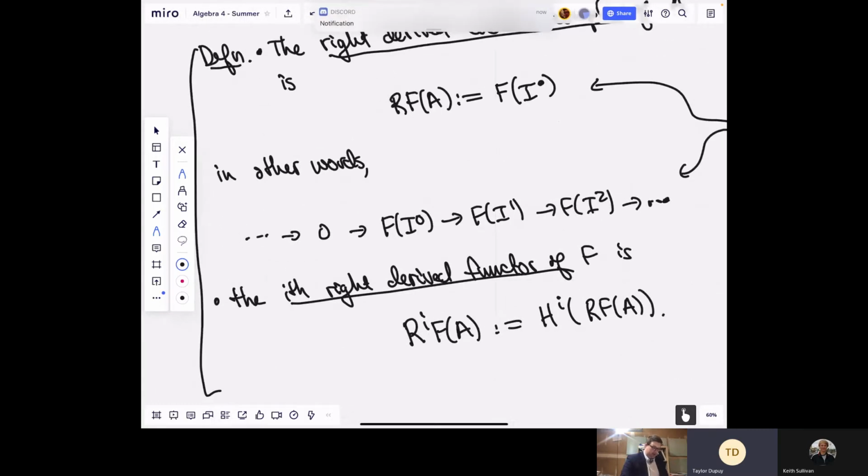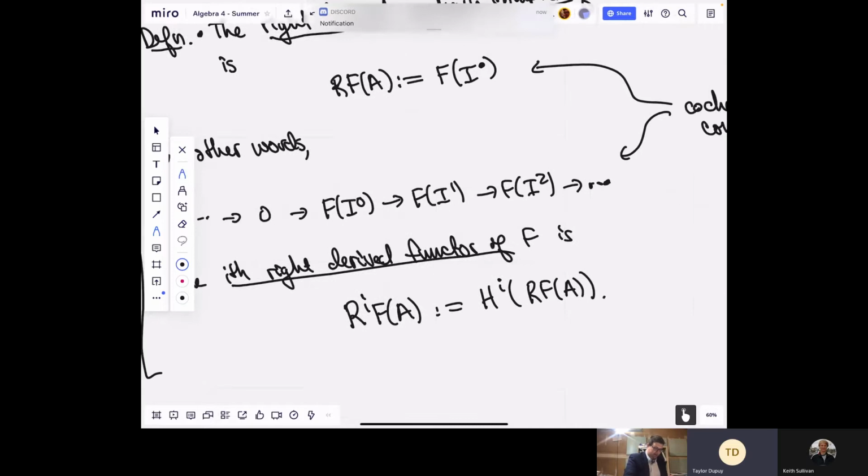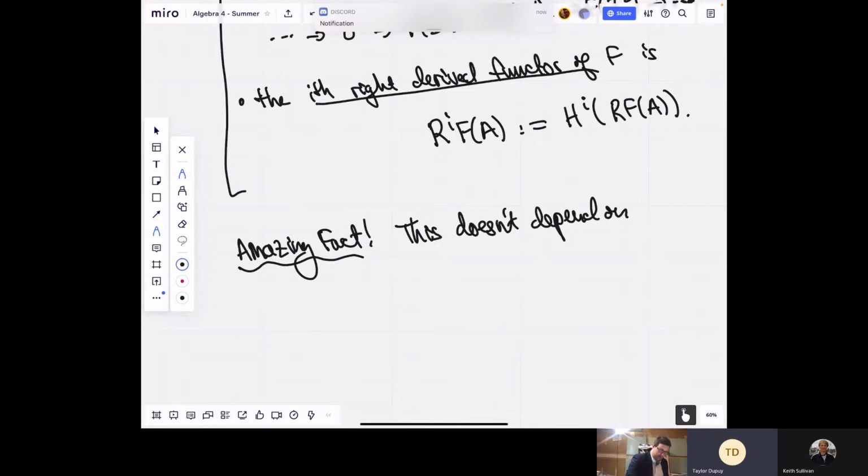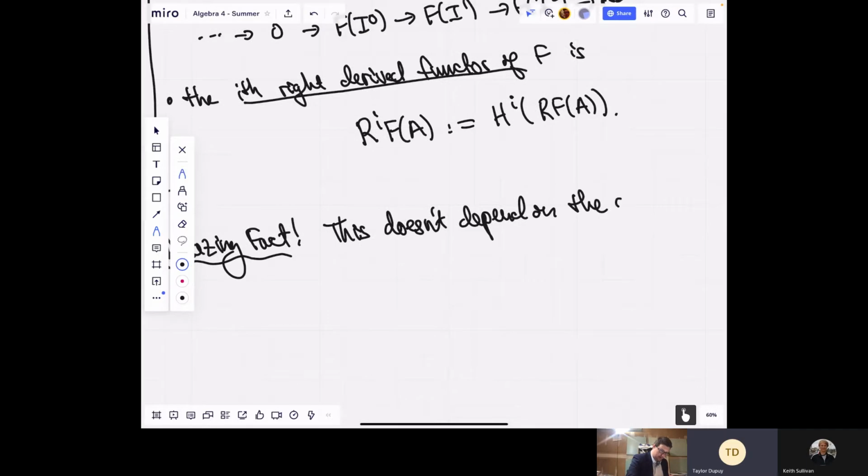Okay, so the amazing fact about this is that this doesn't depend on the choice of injective resolution.